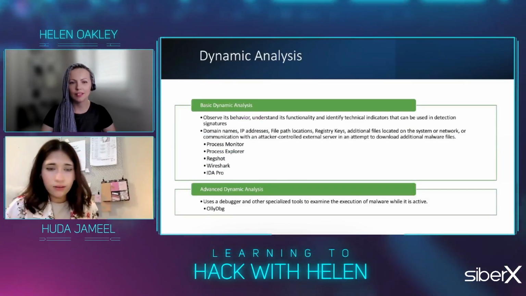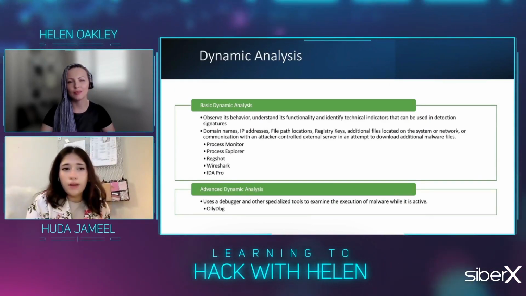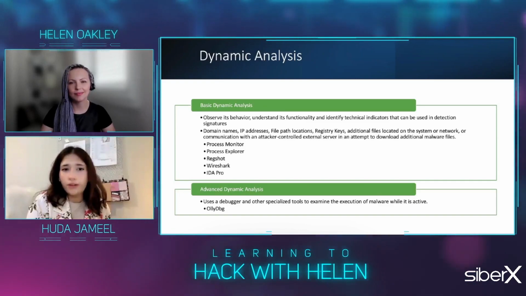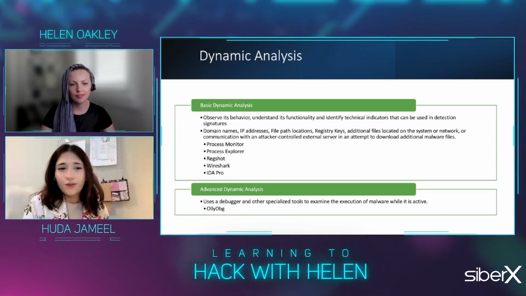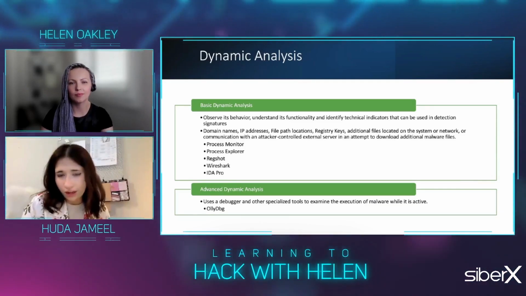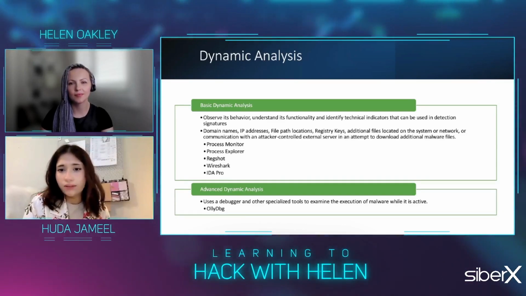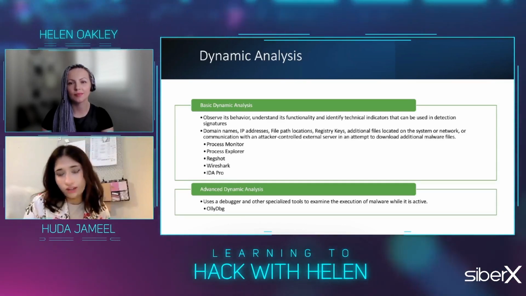So then we have dynamic analysis. Static analysis is simple compared to dynamic analysis. With dynamic analysis, we go in depth to understand the functionality of the malware, and we also look for technical indicators that can be used in detection signatures, right?